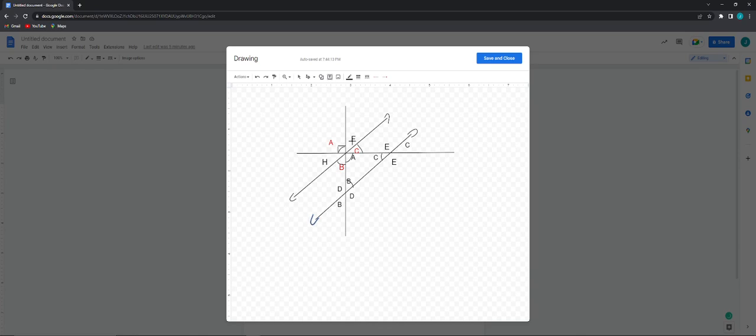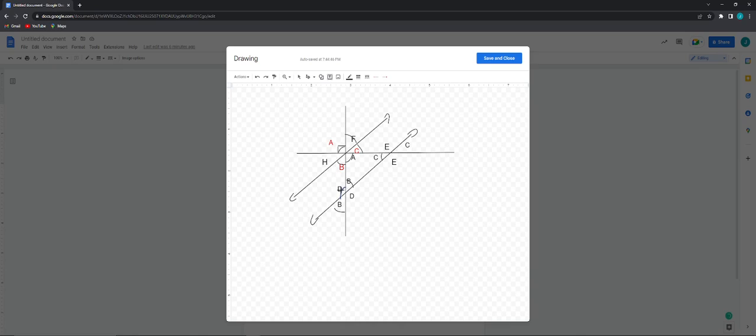So an example of this could be F and B, because they're on opposite sides of the transversal. F is all the way over here, and B is all the way over here. These are alternate exterior angles, I'm sorry.